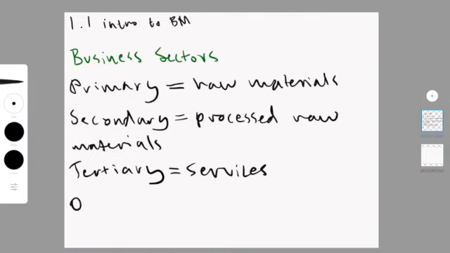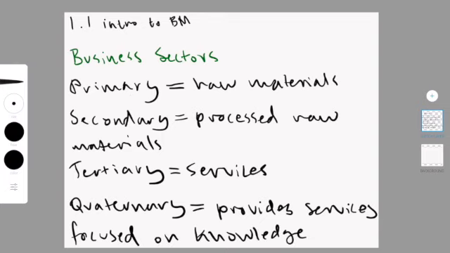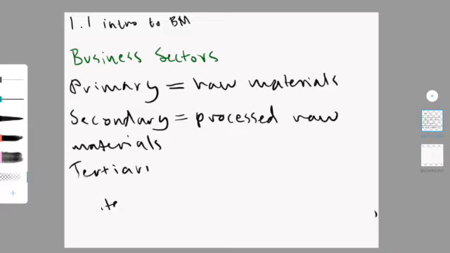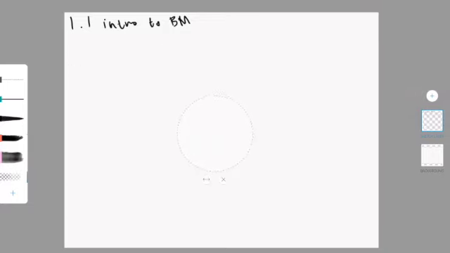Let's say an iPhone or something. Tertiary sector provides services, any services. This could be restaurants or anything like that. Quaternary provides services focused on knowledge. This is more like universities or anywhere where they're providing information to you to teach you things.